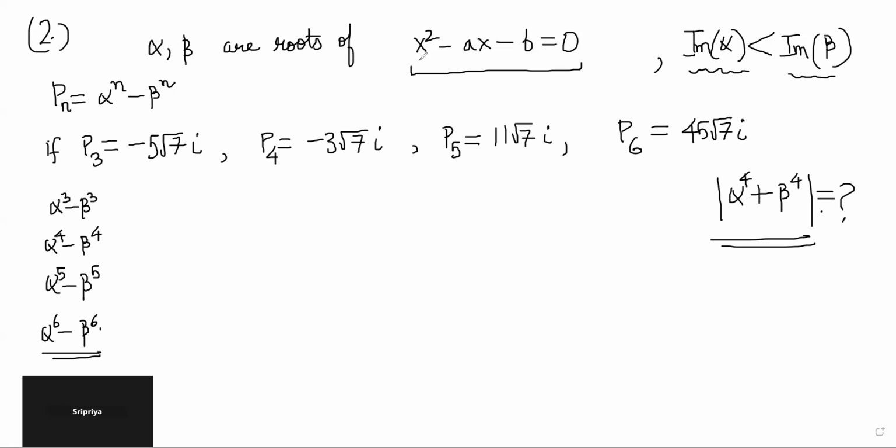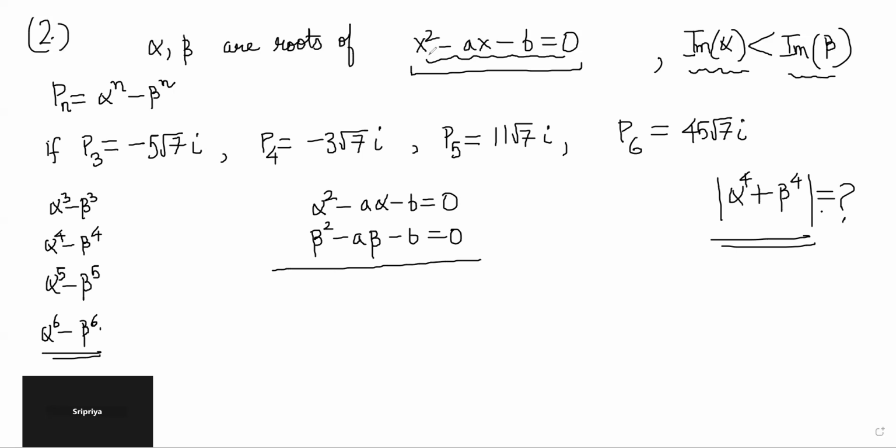From this equation, we can say alpha square minus a alpha minus b is 0, and beta square minus a beta minus b is 0, because alpha beta are roots. If we subtract, we will get alpha square minus beta square minus a times alpha minus beta is equal to 0.